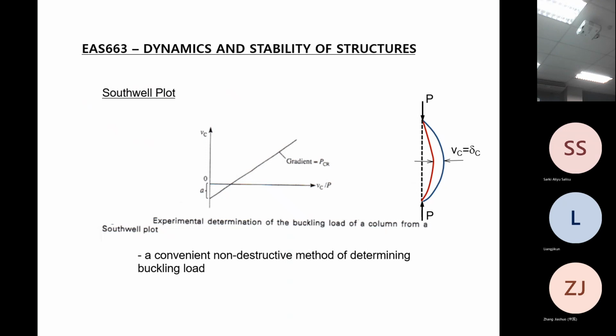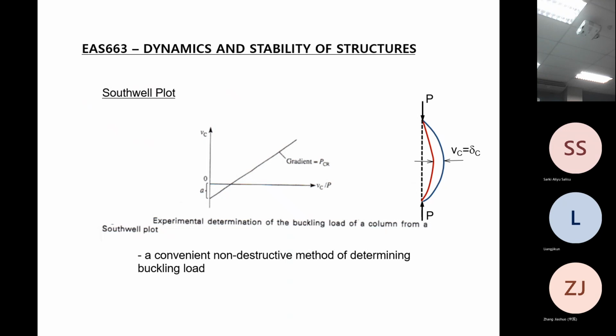So what we do is we plot a graph. We subject the column to axial loads. We assume the column is already initially bent. Then we measure at the mid height what the deflection is, which is given by VC there. Then we also measure the load P causing that VC. Then we divide VC by P and plot against VC.